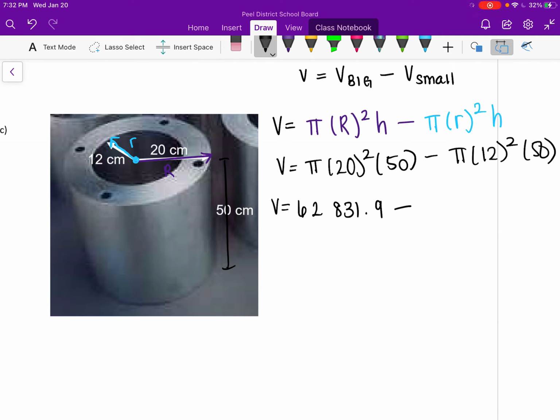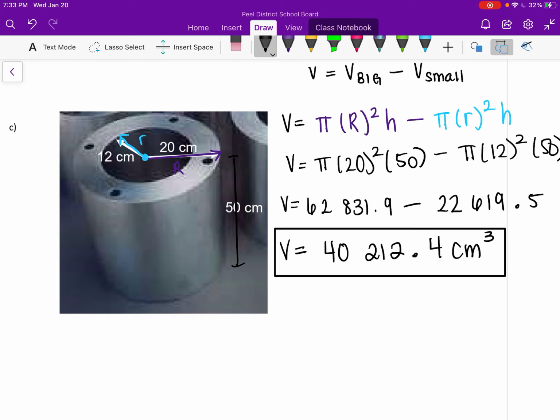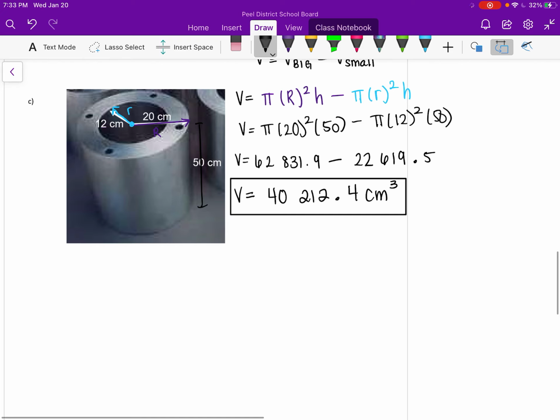Then we're going to do 12 squared times 50 times pi, which is going to give me 22,619.46, so I'm going to round that up to 5. Right, and I'm just going to now subtract, and I'm going to be left with 212.4 centimeters cubed. Okay, so that's my volume.